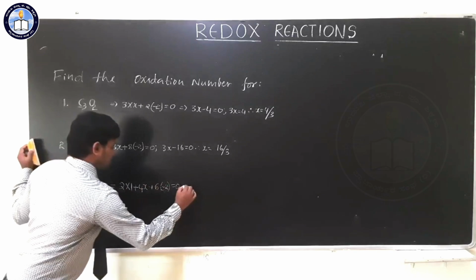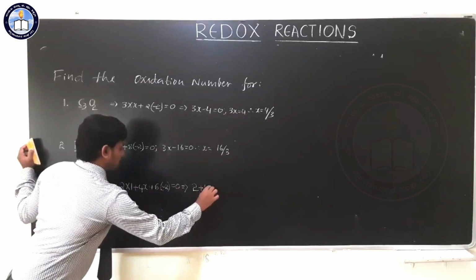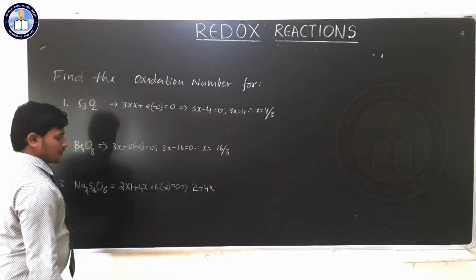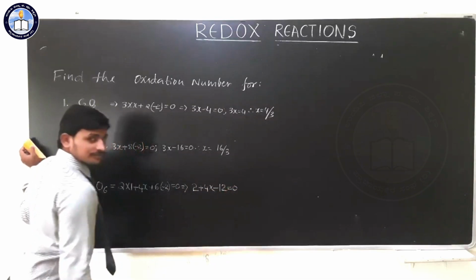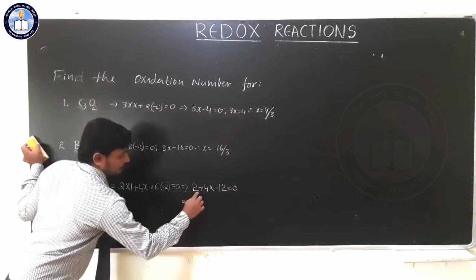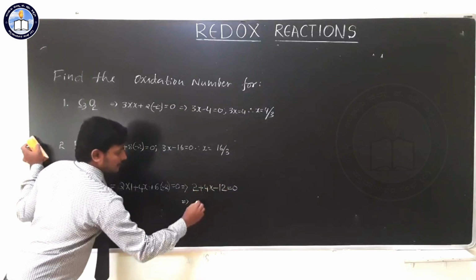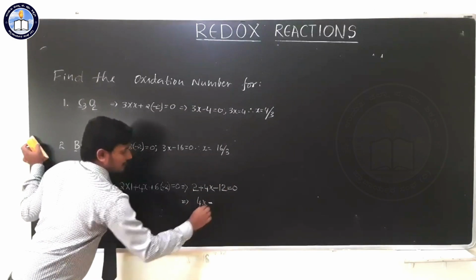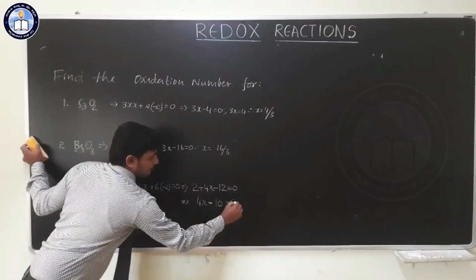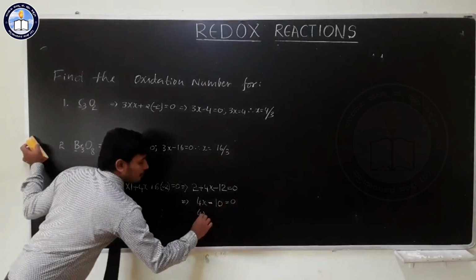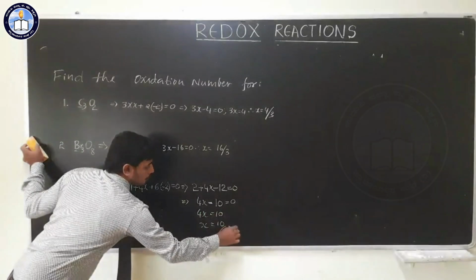Then here that is equal to 2 plus 4x, then minus 12 equal to 0, isn't it? Let me continue here. Plus 2 minus 12, that is minus 10 here, equal to 0. Then 4x equal to 10, x equal to 10 by 4, that is equal to 2.5.